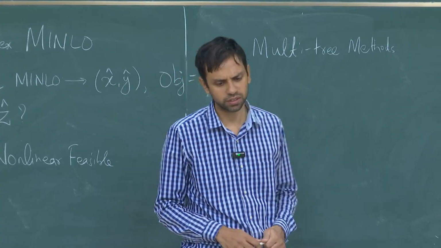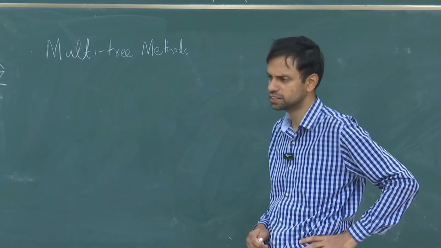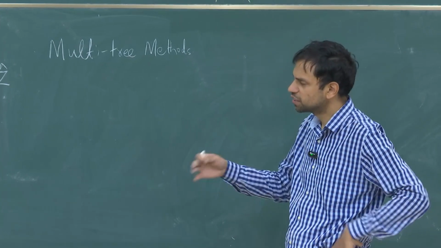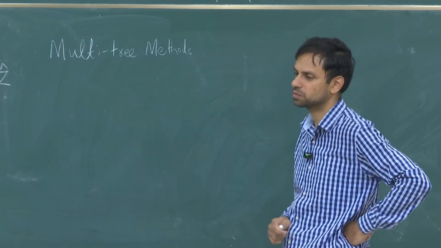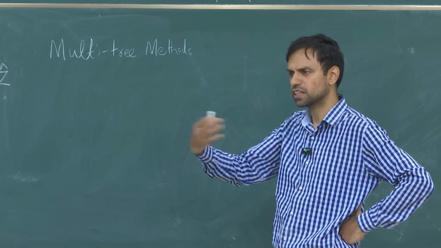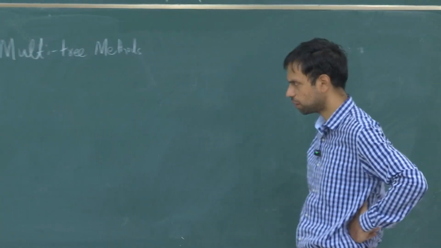Okay, so that has some limitations, but it also has certain advantages in the sense that if you initially have a poor branch and cut tree, then you are not stuck with it. You throw it out and again start. Okay, so that way it is very powerful.